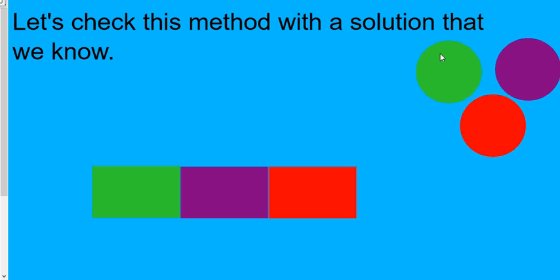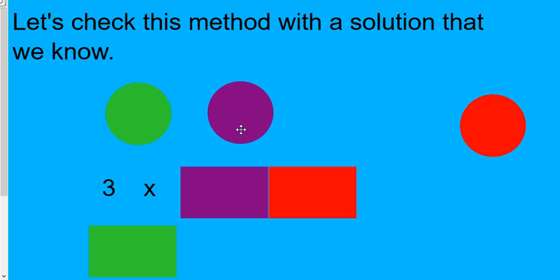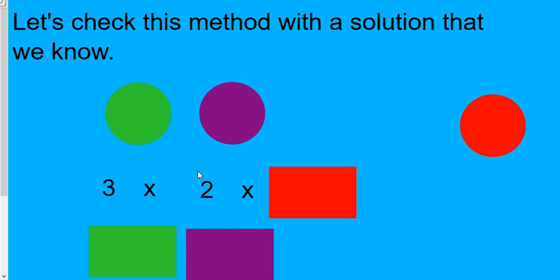So again, we've got our 3 coloured circles. If we move the green one to begin with, we had 3 possible choices. That's 3 choices. We have 2 choices left. Let's move the purple one. So we had 2 possible choices there. And then finally, we've got the red one, our only choice.